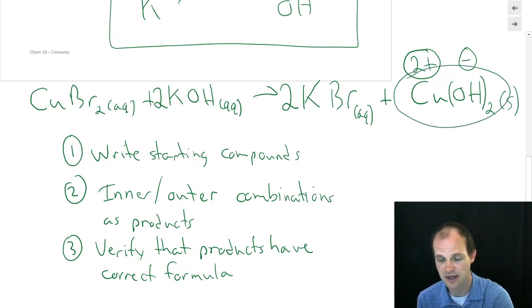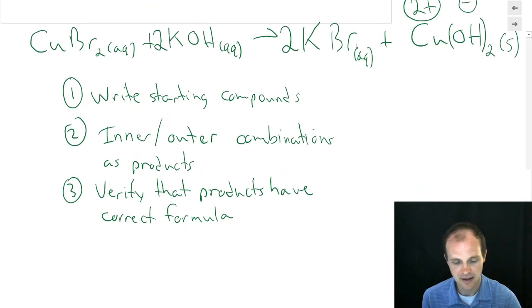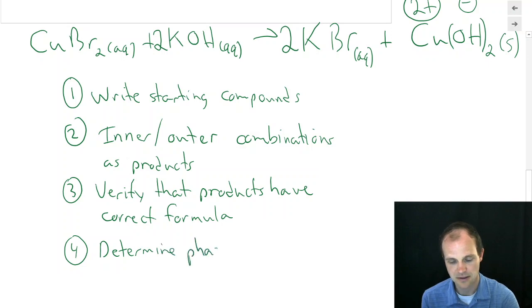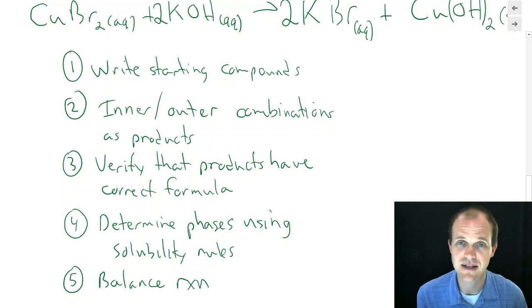We needed 2 hydroxides to balance out that copper. Then we're going to determine phases using the solubility rules. And then we are going to balance the reaction. Those are 5 steps in doing these kind of things.